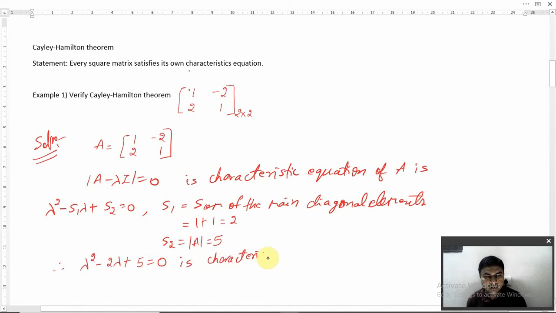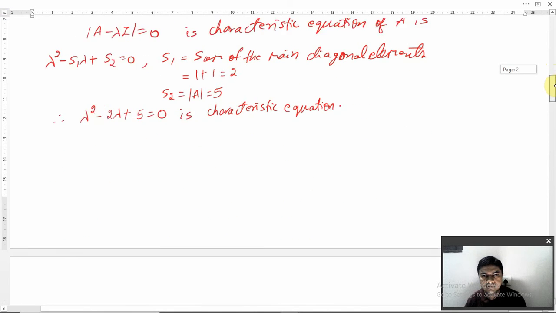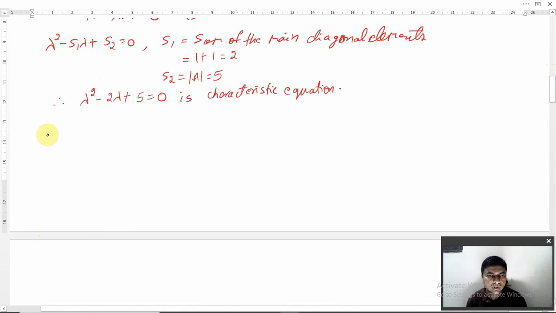Now after finding the characteristic equation, students, immediately we are going to verify the Cayley-Hamilton theorem. So I will take the Cayley-Hamilton theorem to verify.